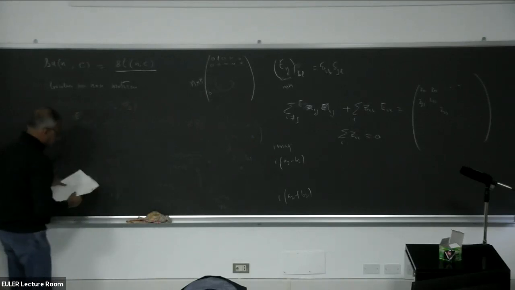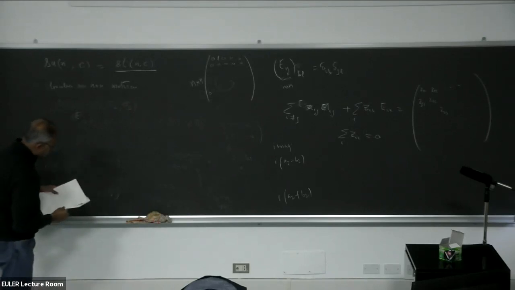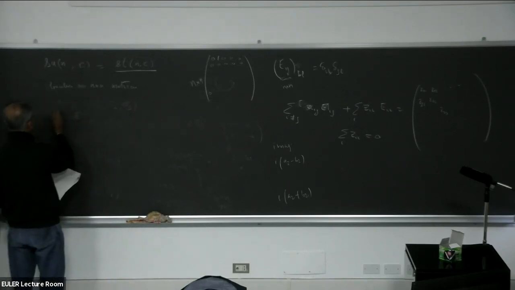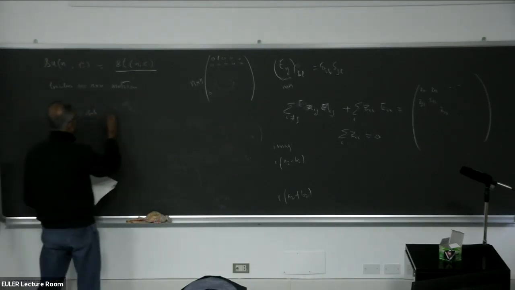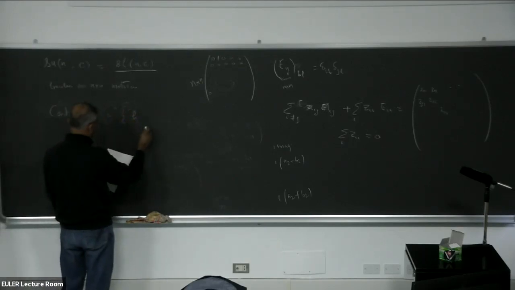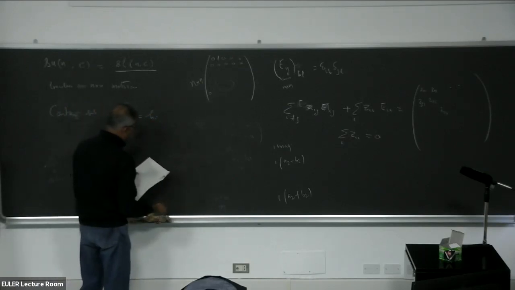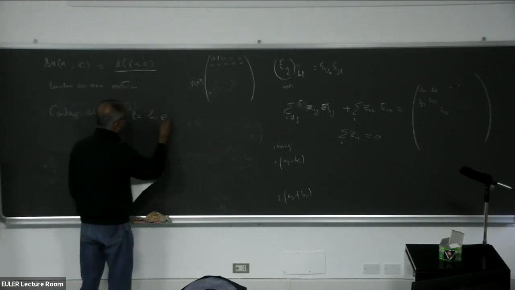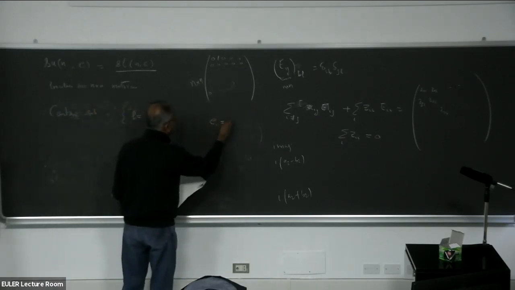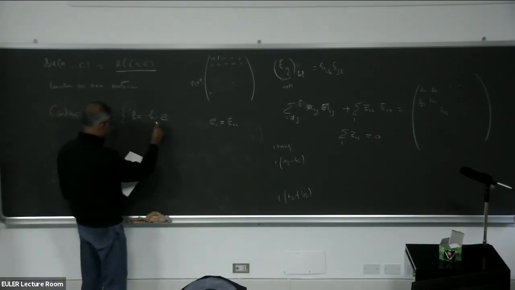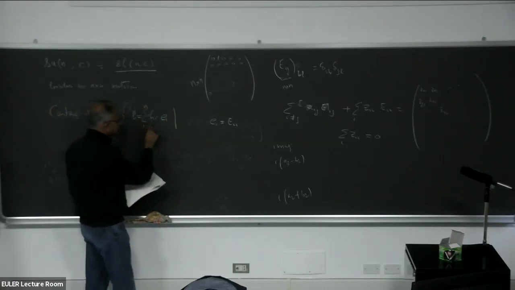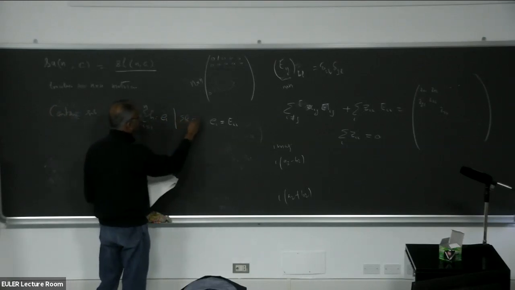So let's say an arbitrary Cartan subalgebra will be given by H equal to sum of h_i E_i, where E_i is nothing else but E_ii, sum over i from 1 to n, but with the constraint, because you have to have a traceless condition, that the sum over h_i equals 0.